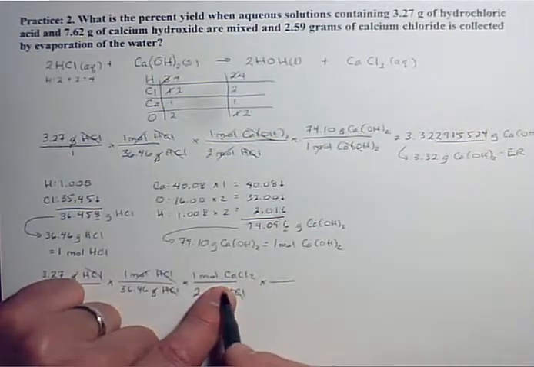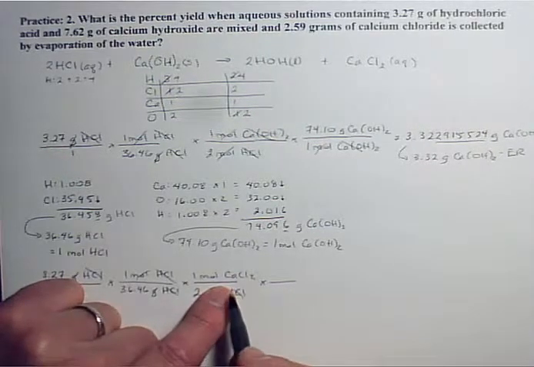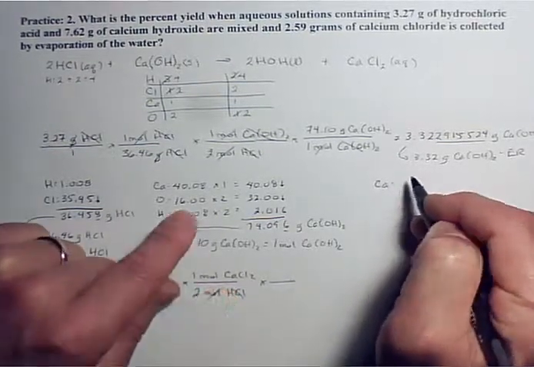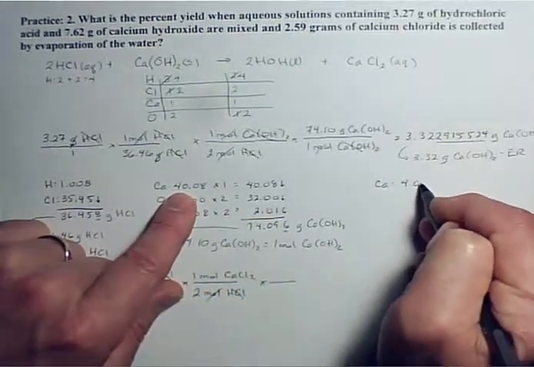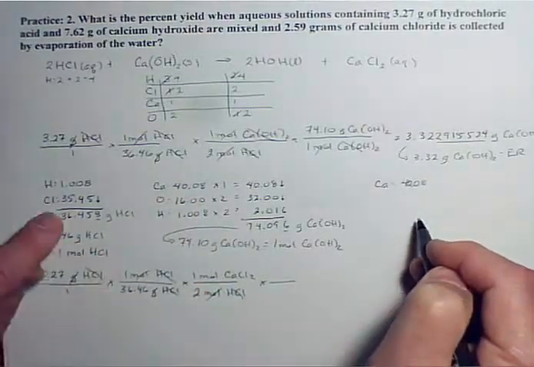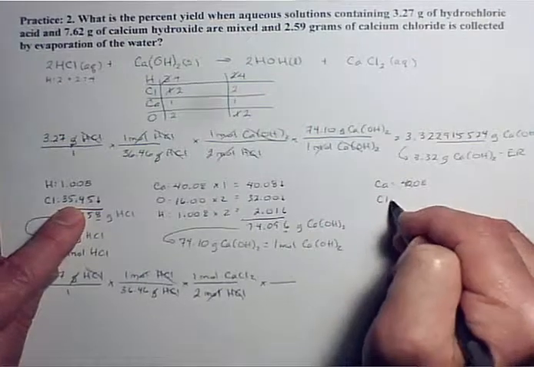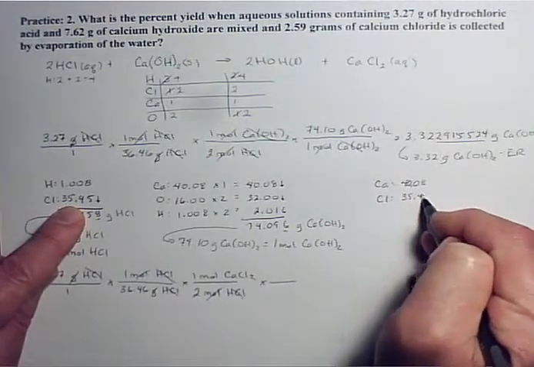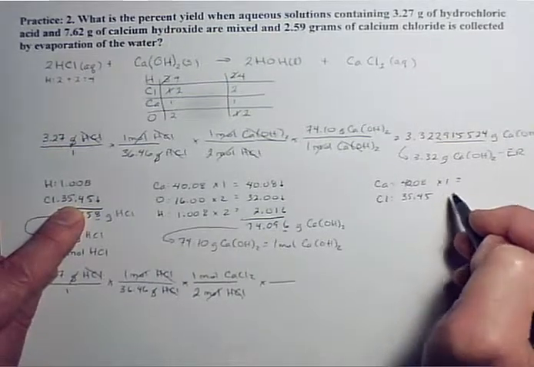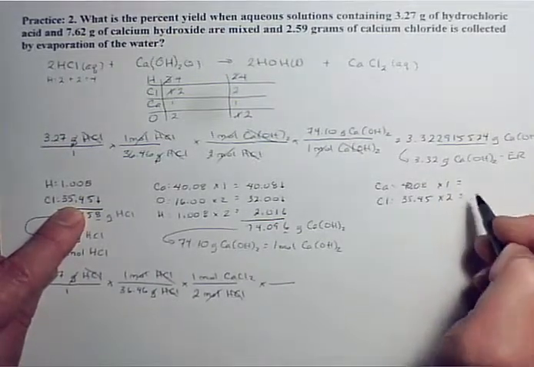Now we have to convert this into grams, so we need another molar mass calculation, this time for calcium chloride. Calcium is 40.08, and chlorine is 35.45. We have 1 calcium and 2 chlorines.